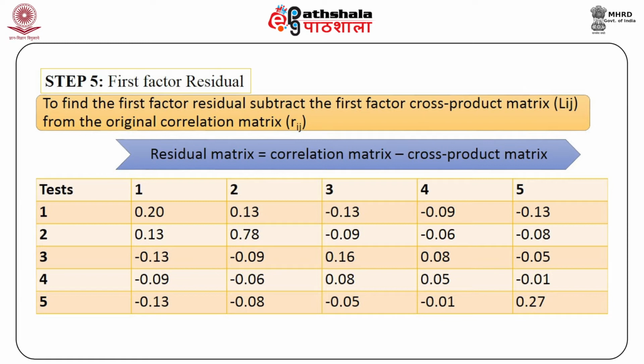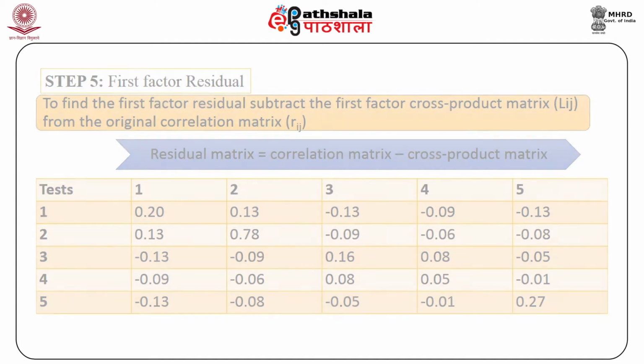The table below gives us exactly the same for the next step, the first factor residual. How do we find it? Subtract the first factor cross product matrix Lij from the original correlation matrix Rij, so the residual matrix is equal to the correlation matrix minus the cross product matrix.